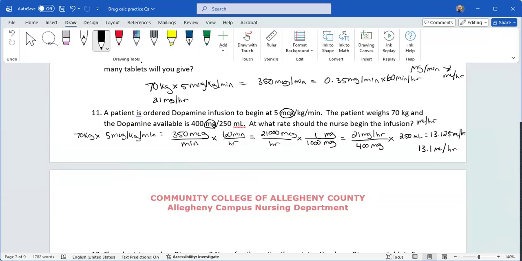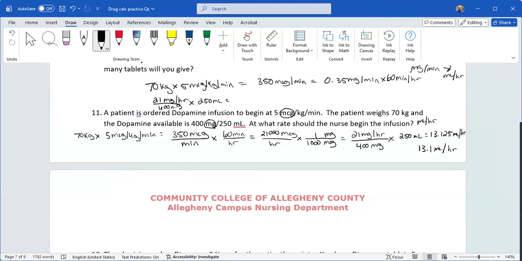The regular problem was 400 milligrams over 250. Right. So I'm going to divide by 400 and then multiply by 250, right? Yes. And then what do you get?